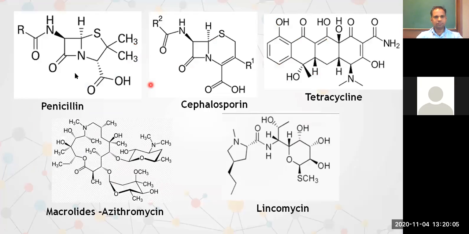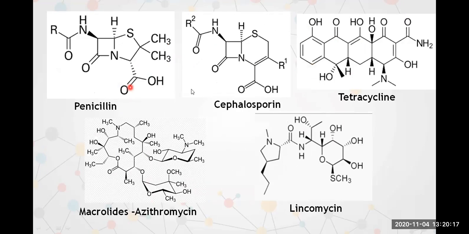Okay, these are representative structures of each class of the compounds, like penicillin and cephalosporin from beta-lactam. Then tetracycline has these 4 cyclic rings. It is itself a name of the class as well as the drug name, tetracycline. Macrolides example is azithromycin, having a multiple carbon cyclic chain.